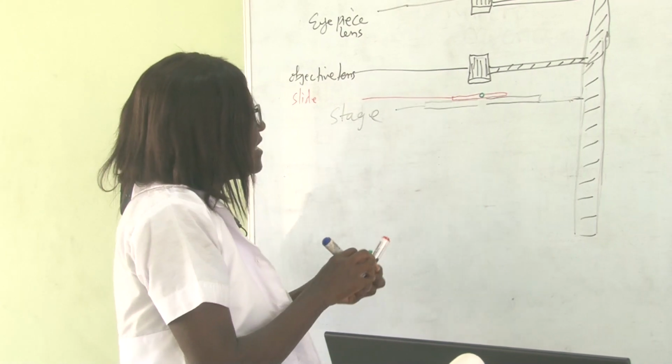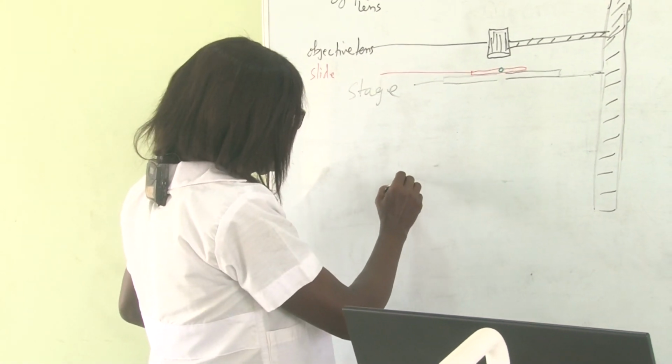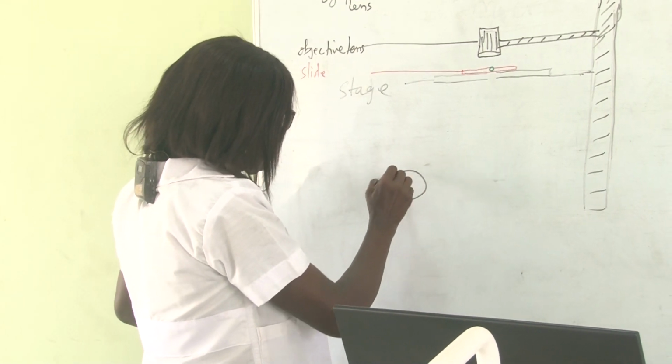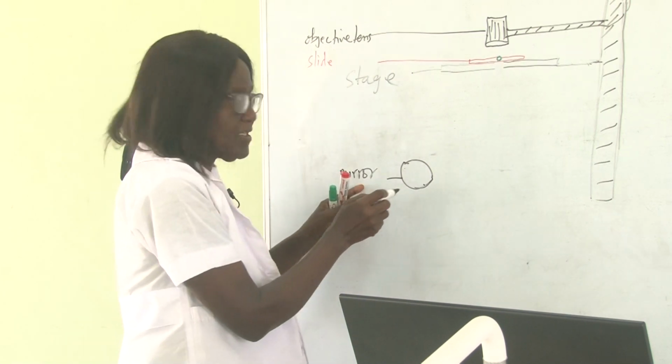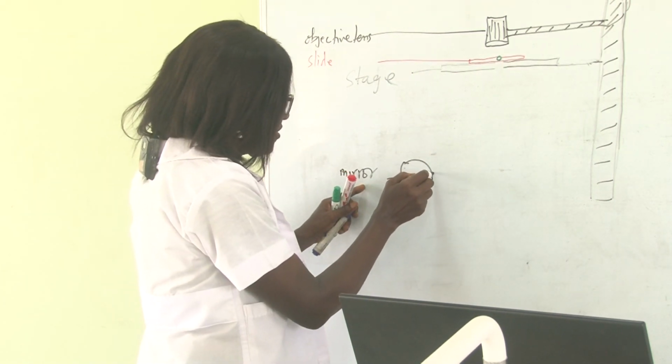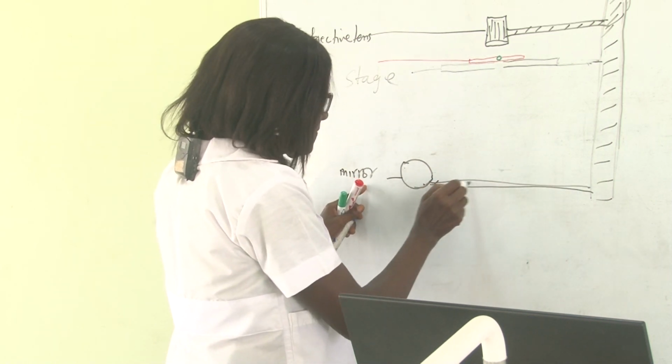So this human eye is using these two lenses to look at this small specimen here. But then there should be enough light coming through, otherwise the specimen cannot be seen. So a mirror is placed here to trap light, all right? And the mirror is also connected to this piece.